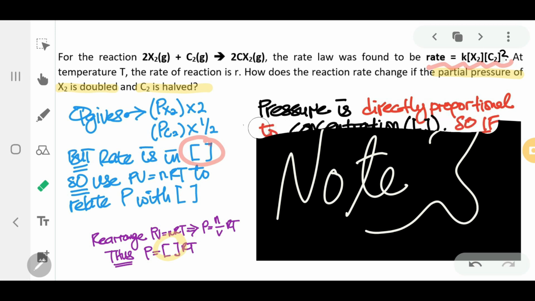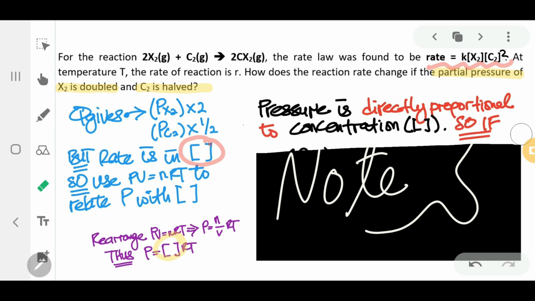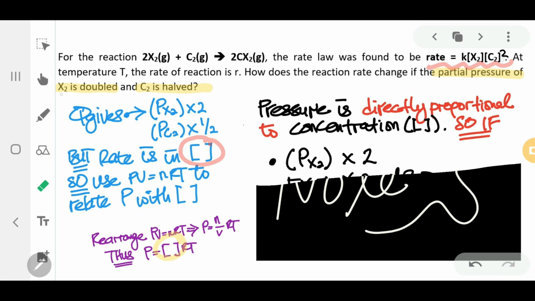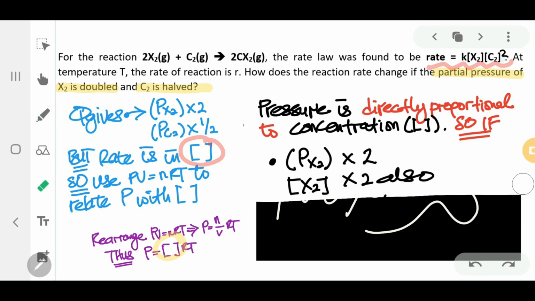So because pressure is directly proportional to concentration, if the partial pressure of X2 is doubled, the concentration of X2 will also be doubled, okay?